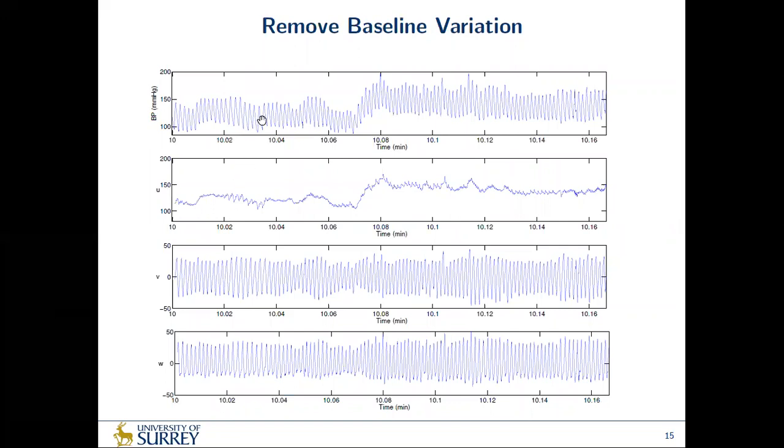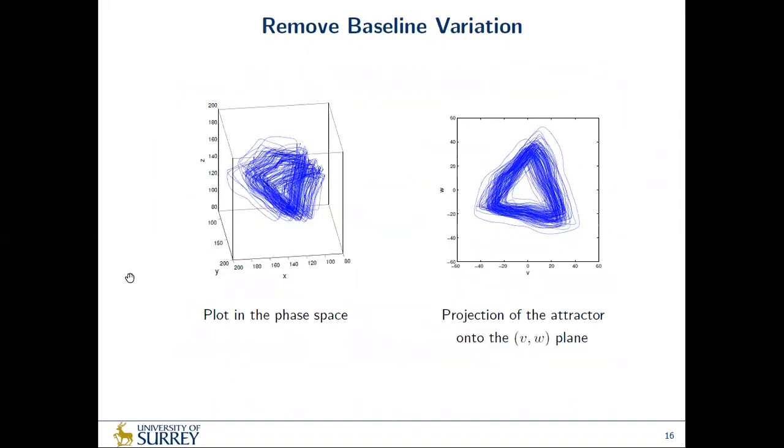So if we look again at this signal, then the u variable is precisely picking up that baseline variation. It's picking up the low frequencies in the signal, but the v and w variables are very uniform and not affected by this baseline wander. So in our plots in the phase space, there's a lot of movement in this diagonal direction.